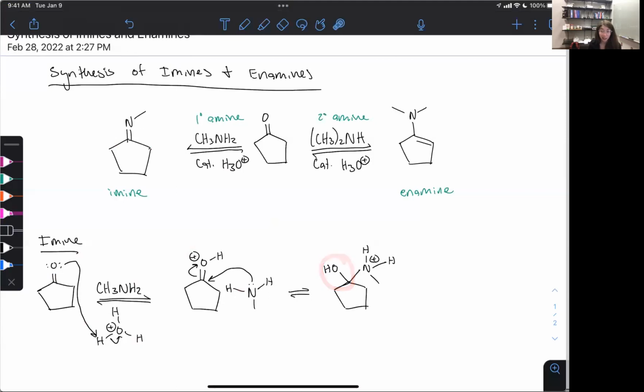This obviously needs to leave. The best way to make it leave if I'm in acid is to protonate it. But to do that, we probably want to deprotonate the nitrogen first. So we can bring in water, which is going to be our base if we're in H3O+, and deprotonate that.